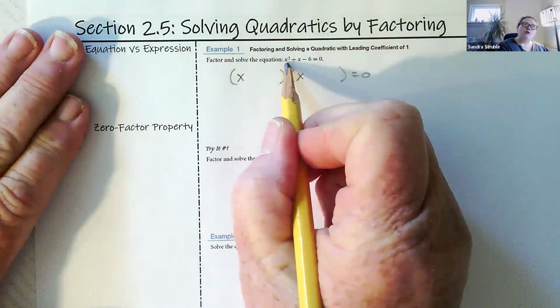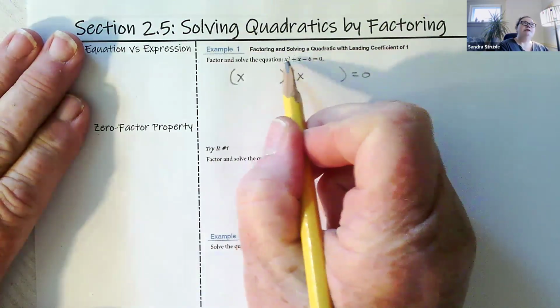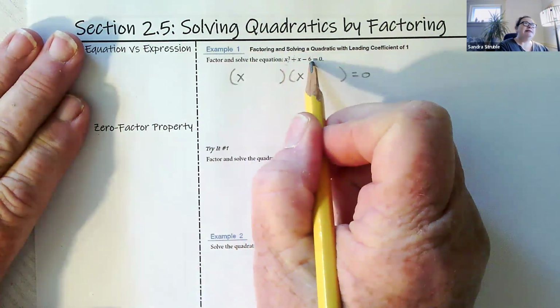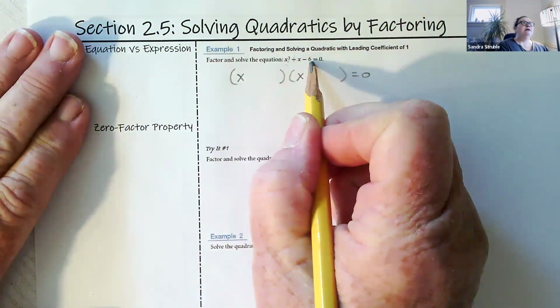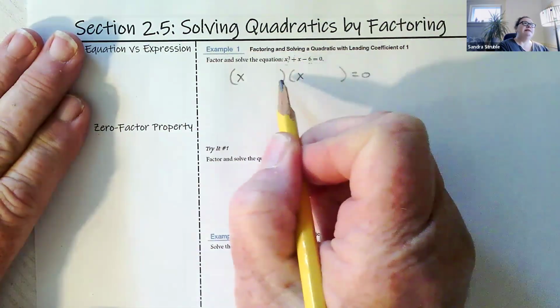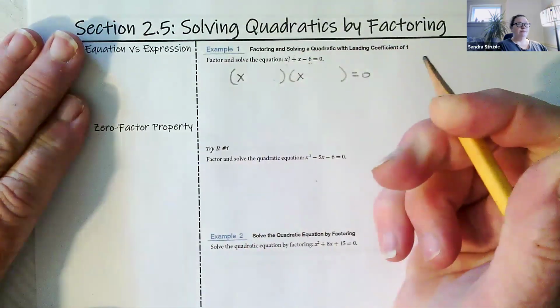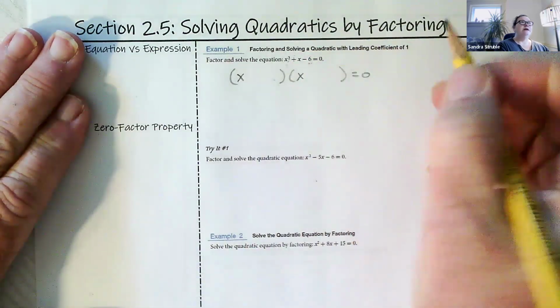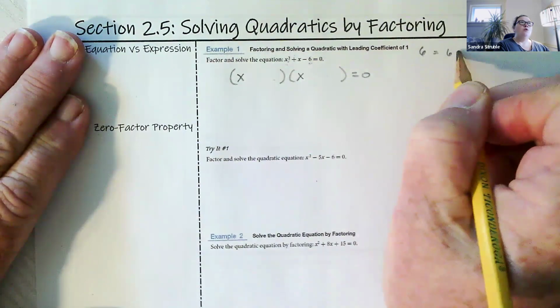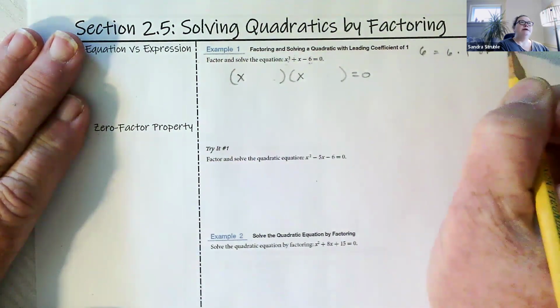They do have to be in order from the highest exponent to the lowest, and this exponent of x is 0. So we have to use this next one, the -6, to decide what these next two numbers are. The products for 6 are 6 times 1, or we could have 3 times 2.